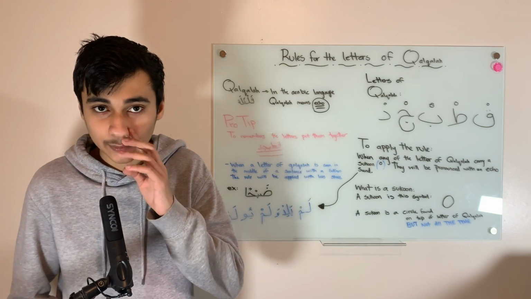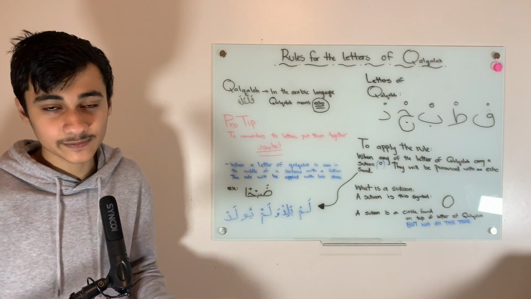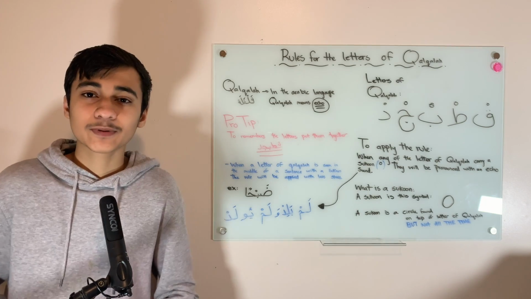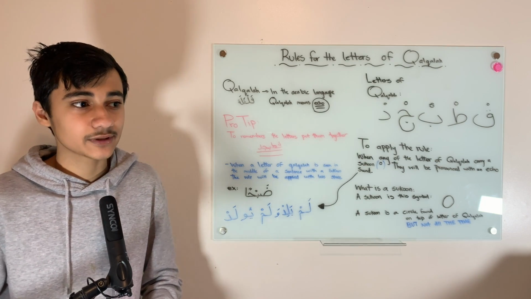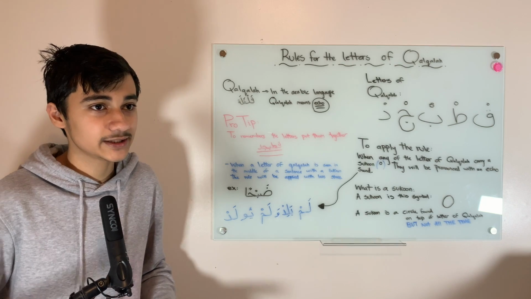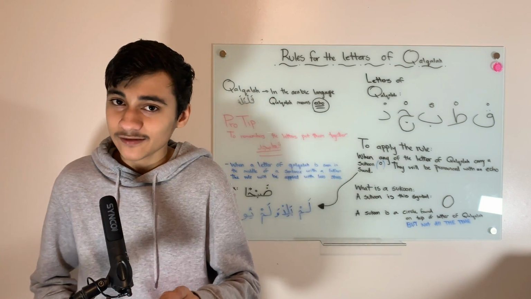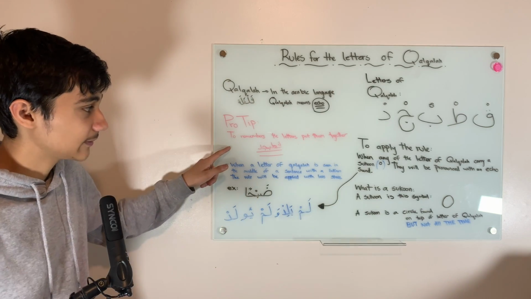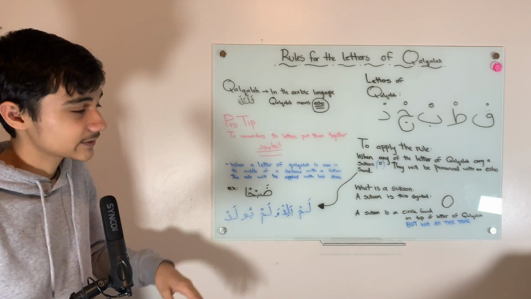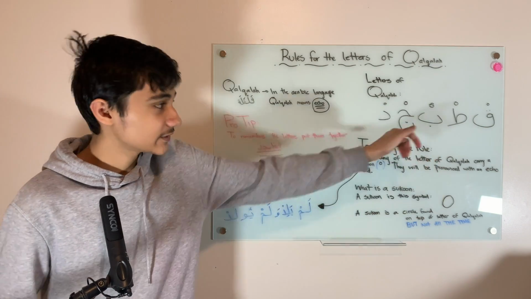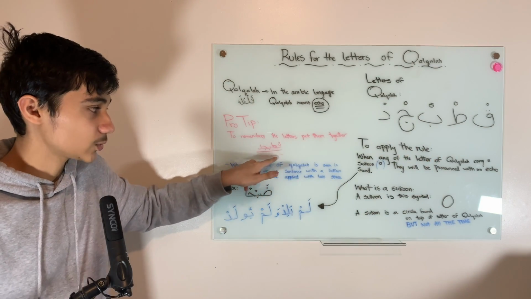Now, I'm obviously not pronouncing the names, I'm just saying the sounds, because that's how you're usually going to say it. It's pretty simple to remember if you say it really fast: Qa, Ba, Ja, Da. But if that's not for you, we do have a pro tip on how to remember these letters. When we put all of these letters together, it gives us the word Qutubjad.